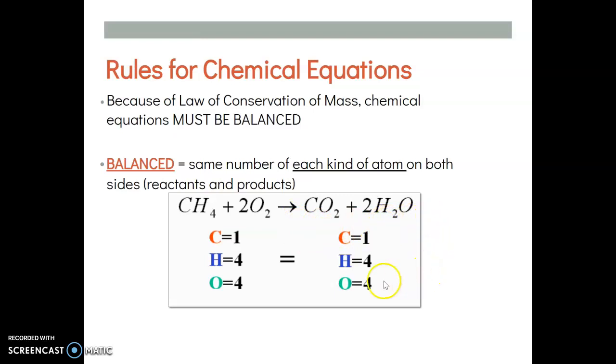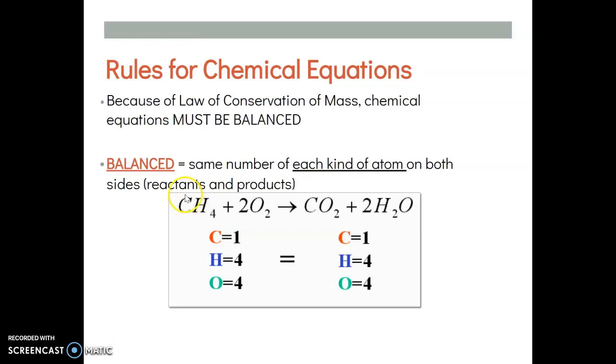This is a balanced equation because on both sides we have 1 carbon, 4 hydrogen, and 4 oxygen. Since the number of atoms of each element are the same on each side, this is a balanced equation, okay? This is where counting atoms comes in, right? We spent 2 days on counting atoms just to make sure we knew how to count them.